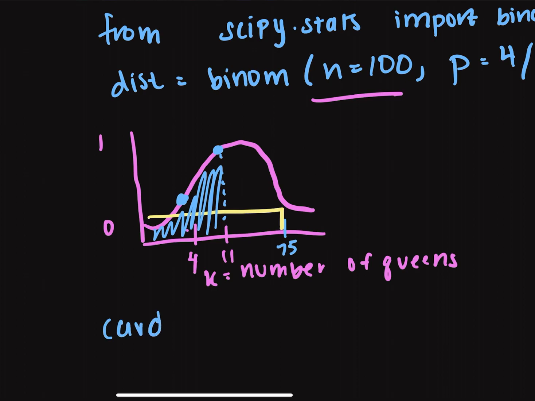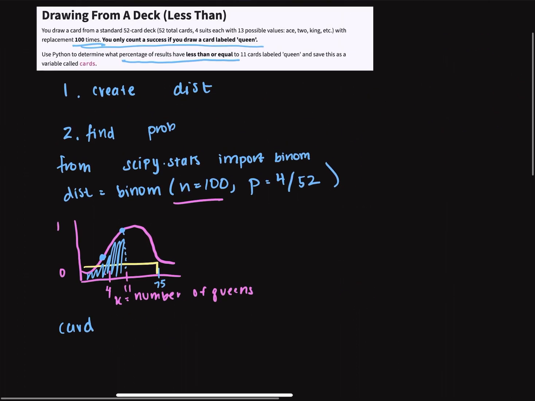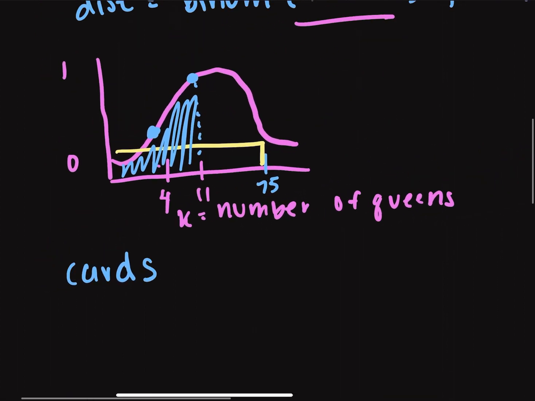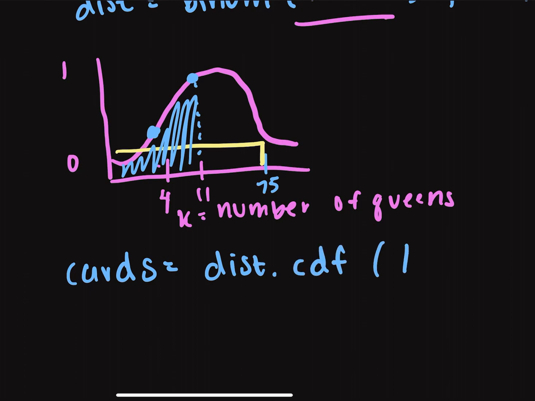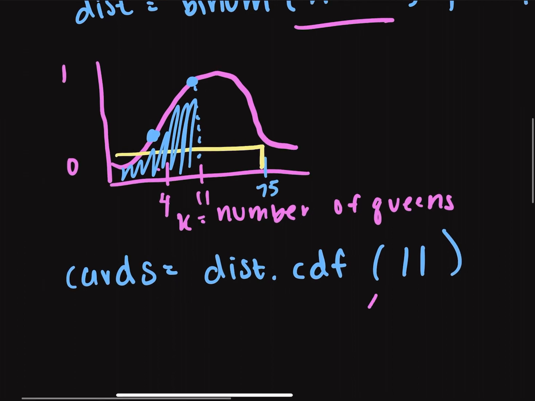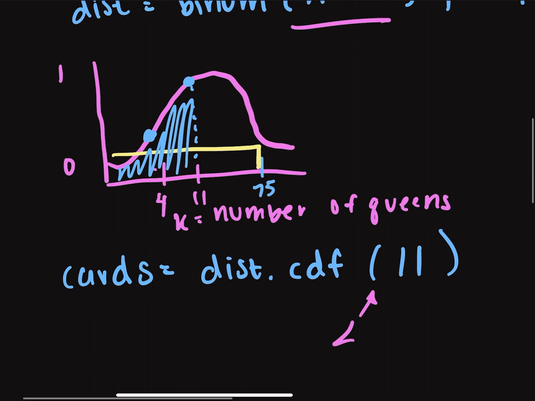So all you have to do is, in your variable called cards, we're going to do our distribution.cdf and pass in a value of 11. This is going to find the area under the curve for every value less than or equal to 11.